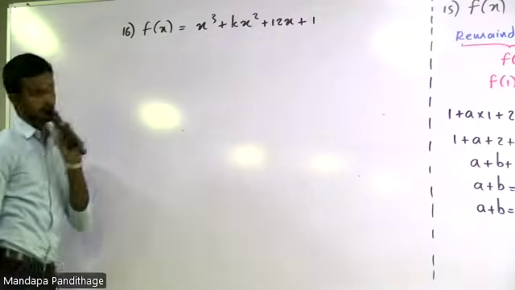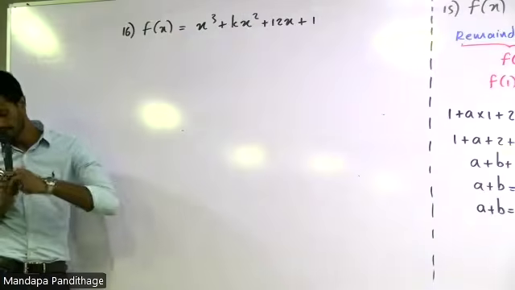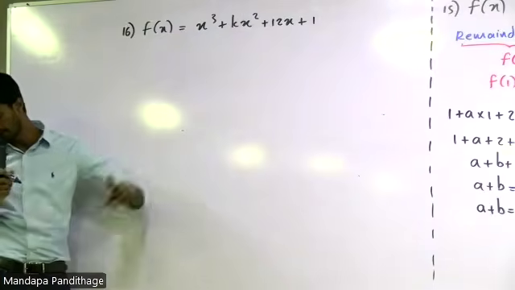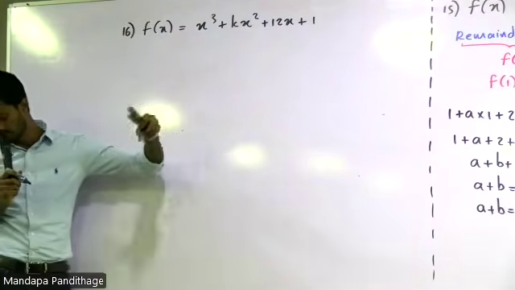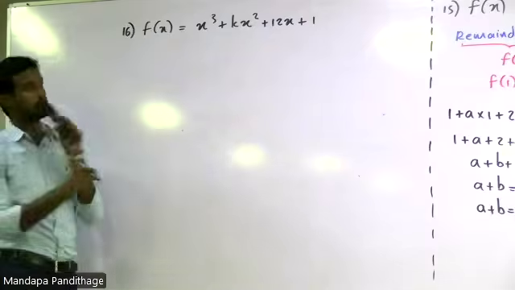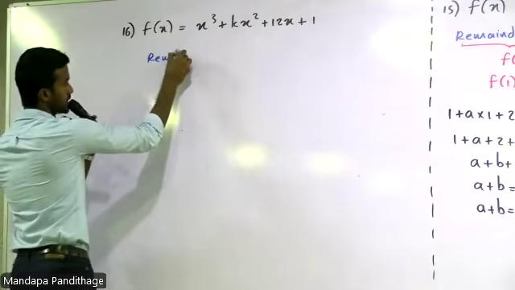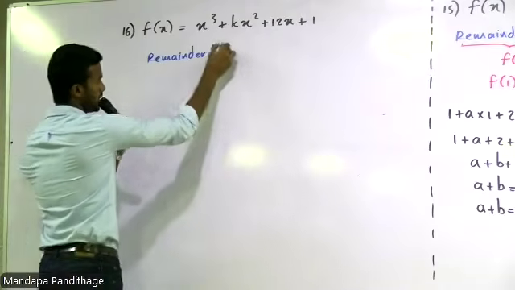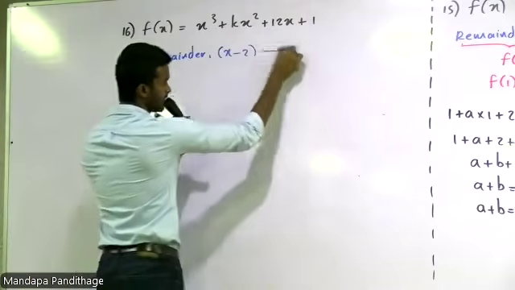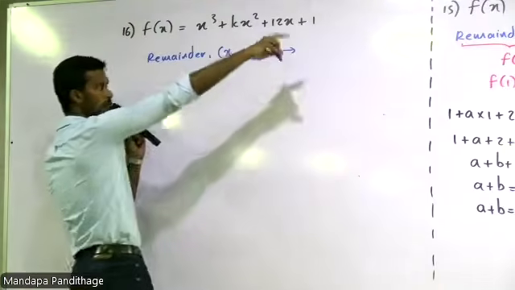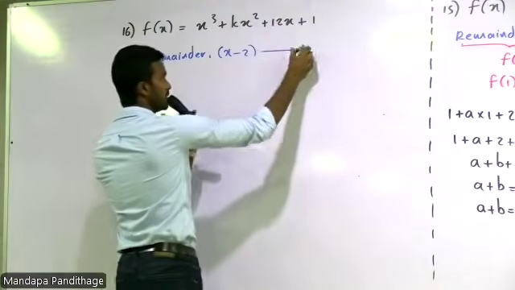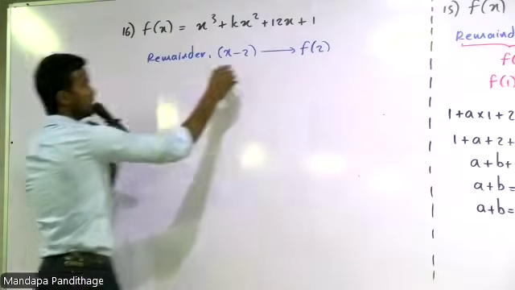And then they haven't given the remainder separately. They have mentioned the sum of the two remainders is 50. So I know the remainder when divided by x minus 2, they haven't given it separately like before, but using the remainder theorem, I know that's f2.